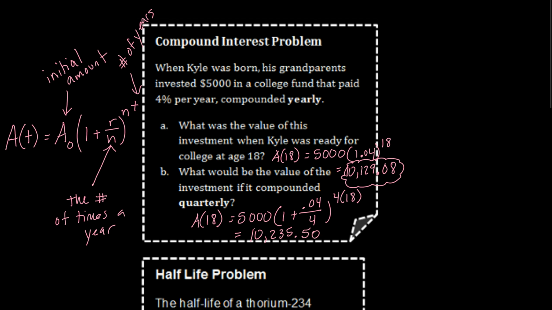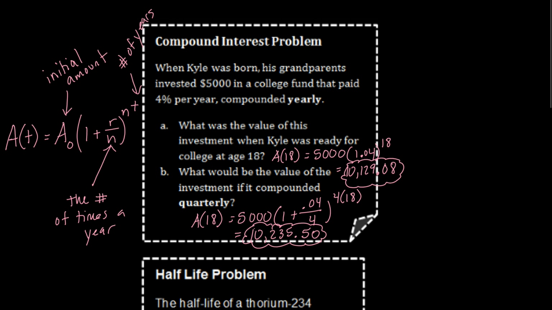So, looking at this, which is better? Which one does he get more money with? Quarterly. So we want it compounded quarterly. Now this is exactly why when you graduate college, if you have student loans, the banks compound your interest continuously because they get more money.